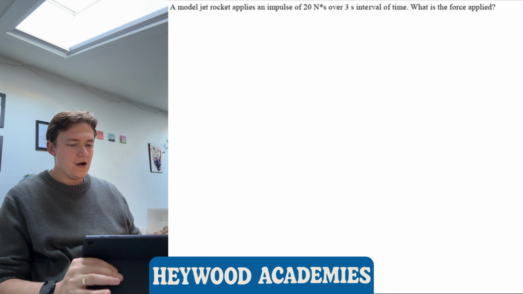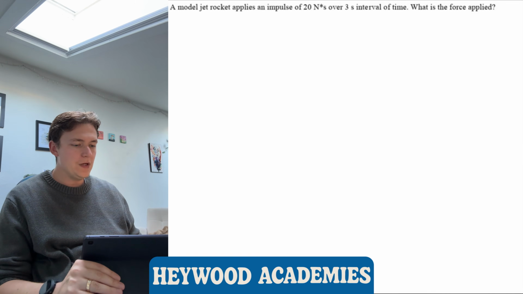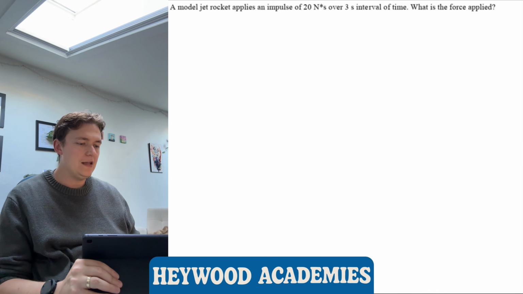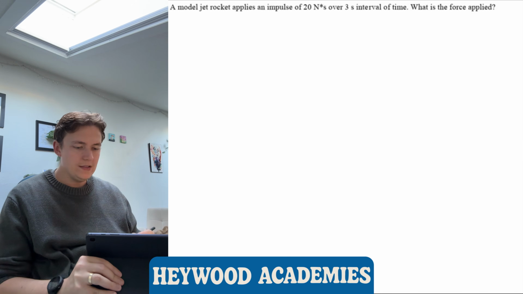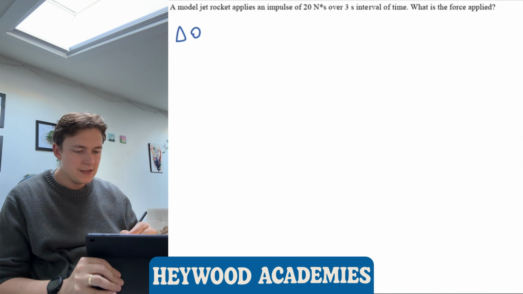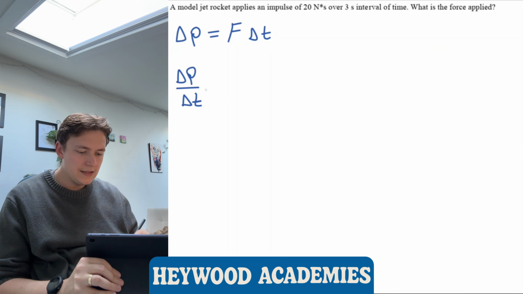A model jet rocket applies an impulse of 20 newton seconds over a 3-second interval of time. What is the force applied? So same setup, just solving for something different this time. We've got our impulse, or change in momentum, is force times change in time. We want to know the force in this case, so we've got to divide both sides by delta t.